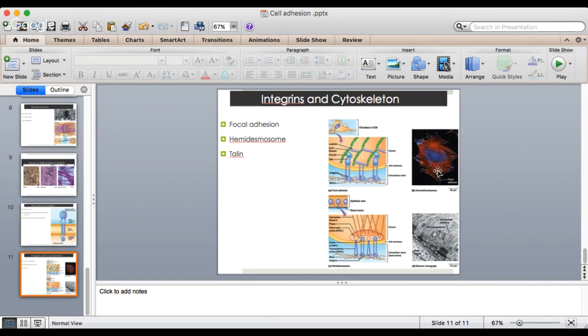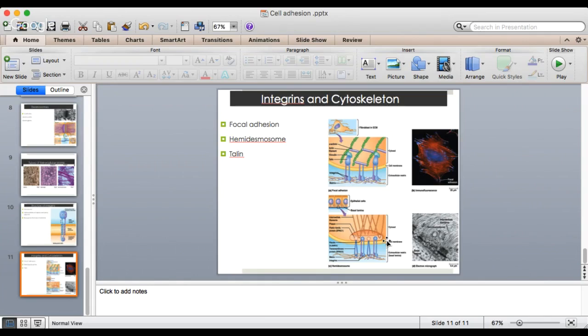As you can see, the F-actin ends or terminates at the focal adhesion, which you can see at the ends.